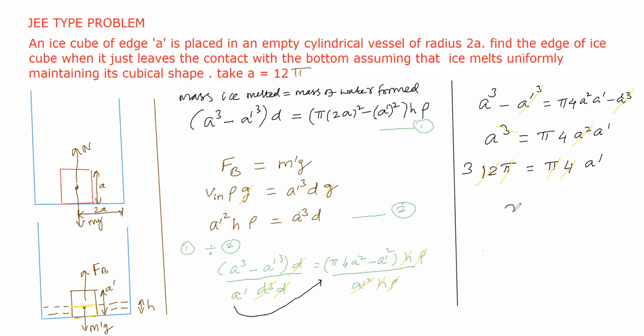So finally a dash equals 3 centimeter or 3 meter, depending on the unit of the edge given; that unit we will get. See here, this a dash is finally the value when the cube is about to leave the base of the cylinder. At that instant, the edge a dash of the cube will be equal to 3 units.